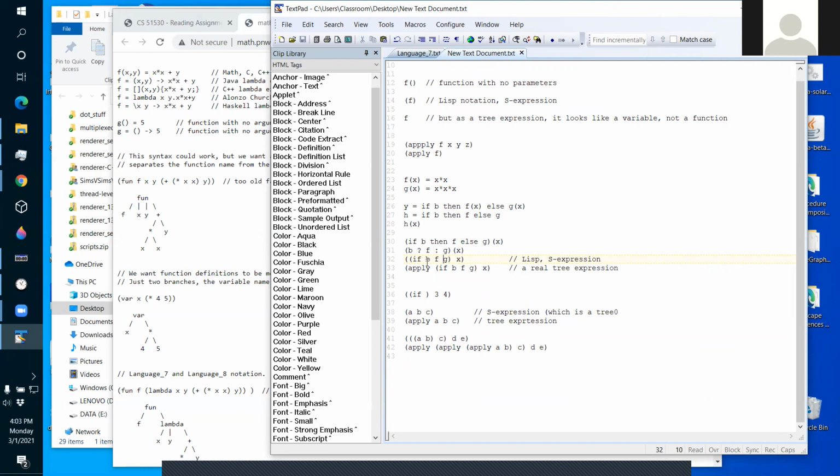Another example would be I want to sort some list. Well, am I sorting a list of strings or am I sorting a list of integers? So maybe what I want to call the sort function depends on what I'm sorting. And that's called polymorphism.